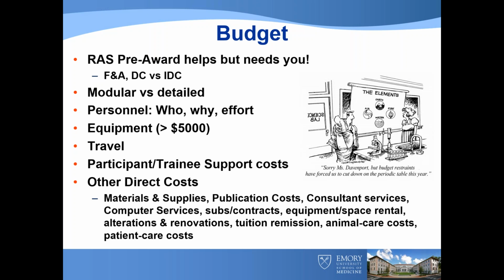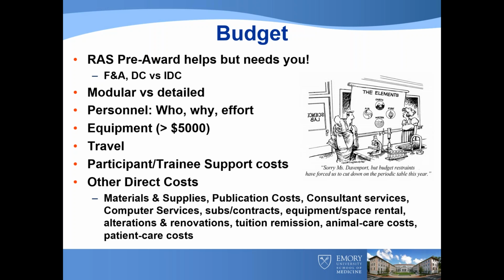Equipment or space rental. Are you renting space? And you better tell them why you're renting rather than just using your lab at your place. Are you going to have to do any alterations and renovations that you're expecting the NIH or whoever to pay for? Tuition remission goes here, animal care costs, patient care costs, all that other stuff goes under other direct costs.